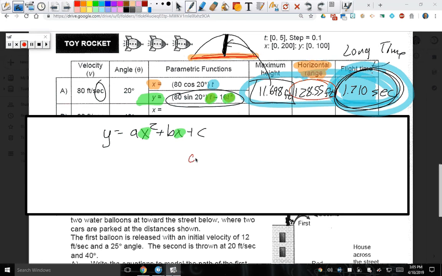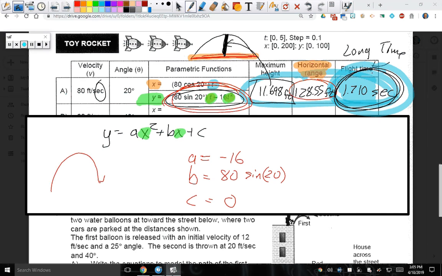Can someone tell me what the a value of this equation would be? Negative 16. It's the coefficient in front of the quote-unquote x squared term. What's the b value? 80 times the sine of 20. What's the c value in this equation? 0. There's not one.